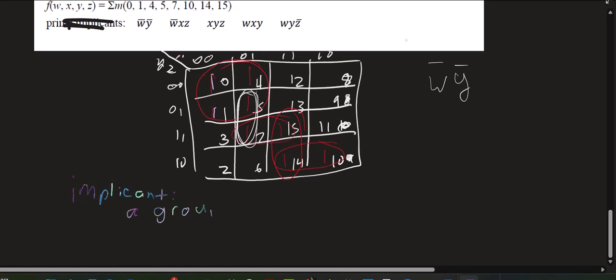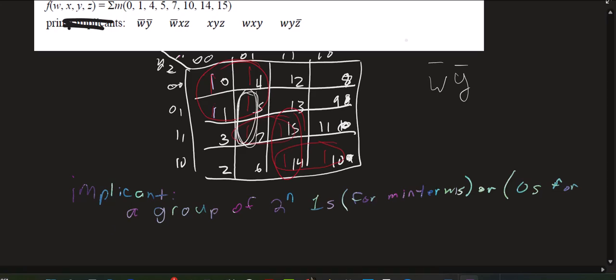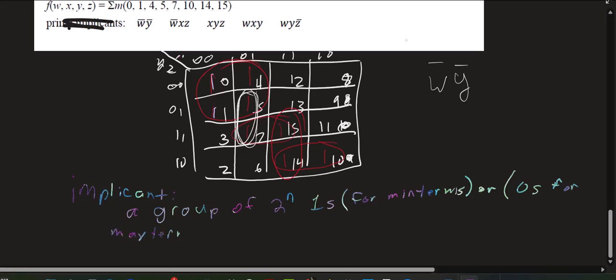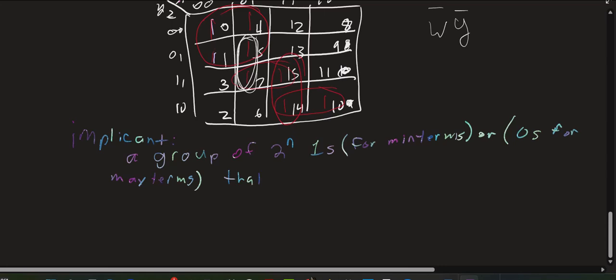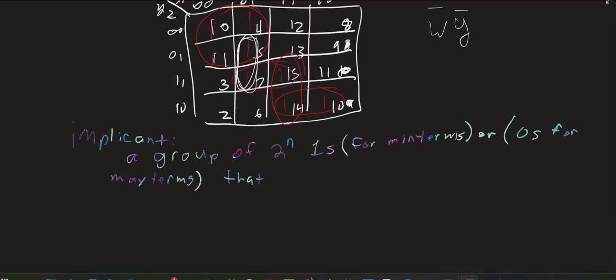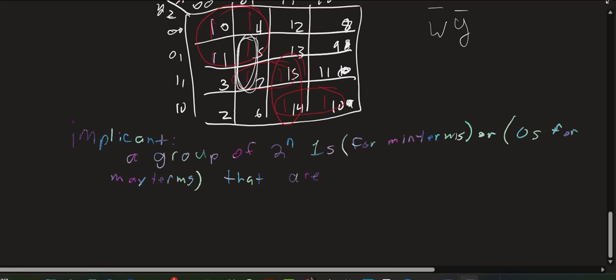So what is an implicant? An implicant is a group of 2 to the n ones for min terms, or zeros for max terms. They are contiguous.